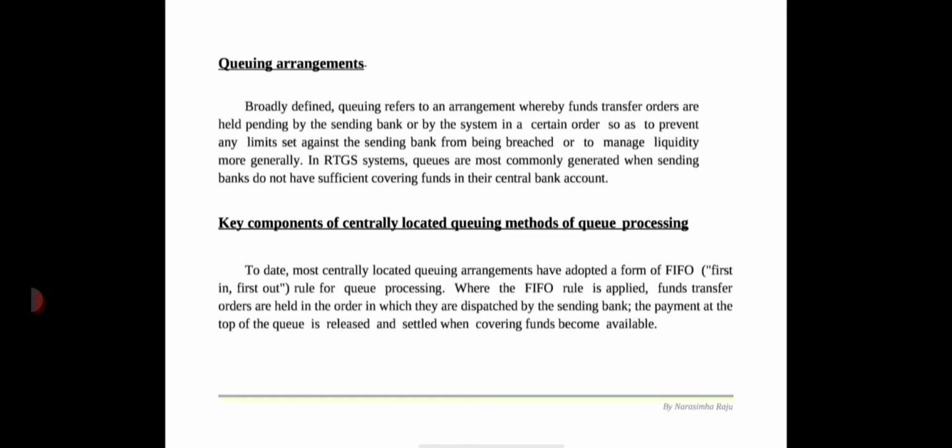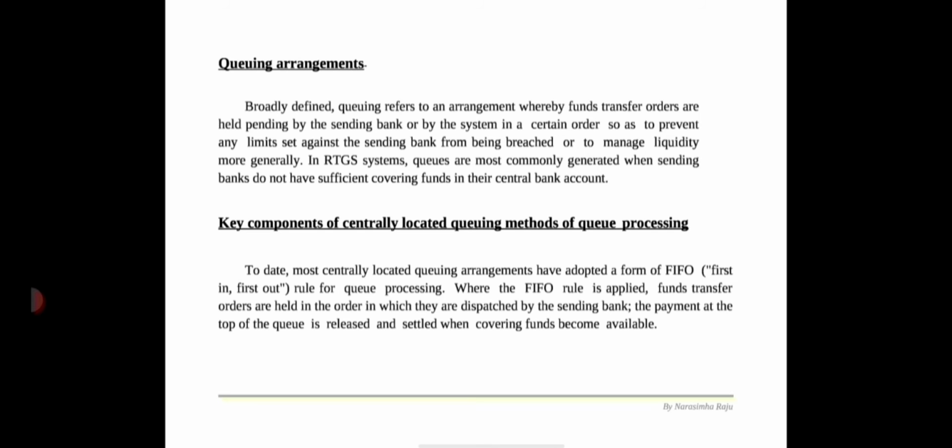Here, the key features of centrally located queuing methods can be described as follows. To date, most centrally located queuing arrangements have adopted a form of FIFO, the full form of which is first in, first out rule, for queue processing.